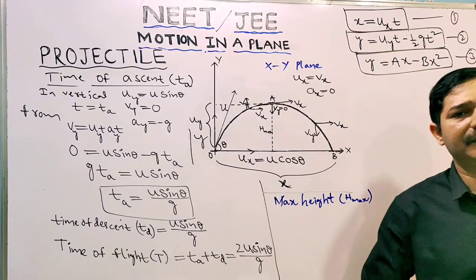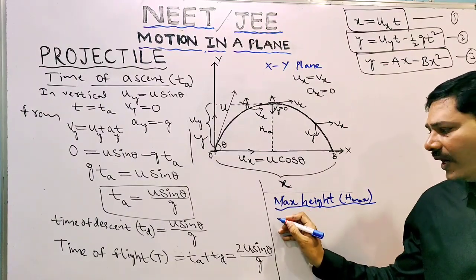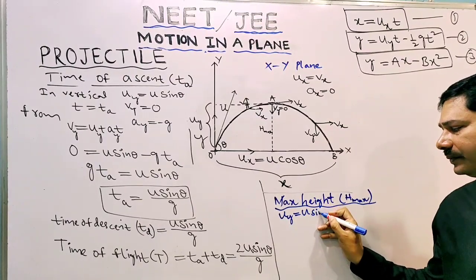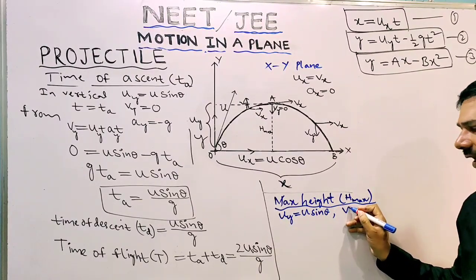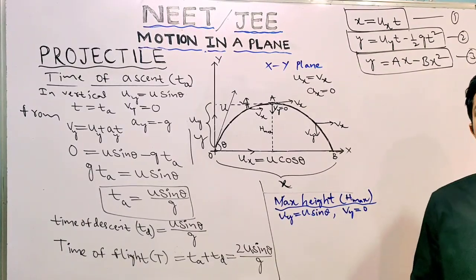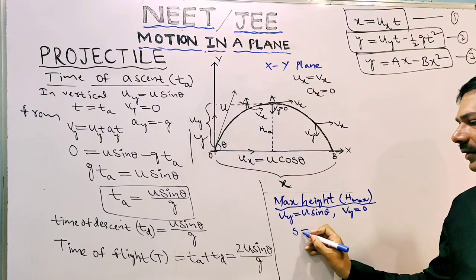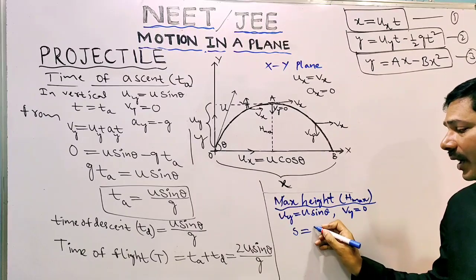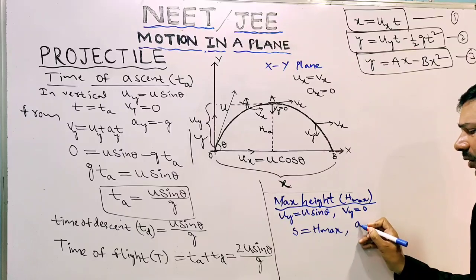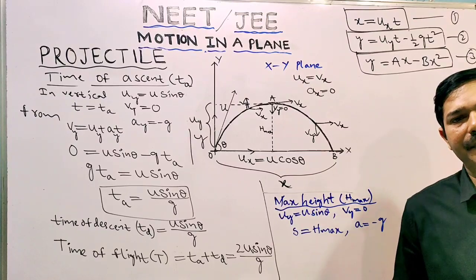H max. So for maximum height, the initial vertical velocity uy is u sin theta, and vy becomes 0. Displacement s, I am taking as the maximum height, and the body is going against gravity, so that is why I am taking minus g.